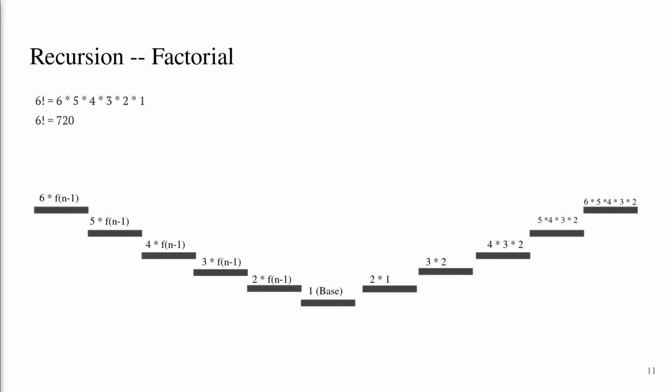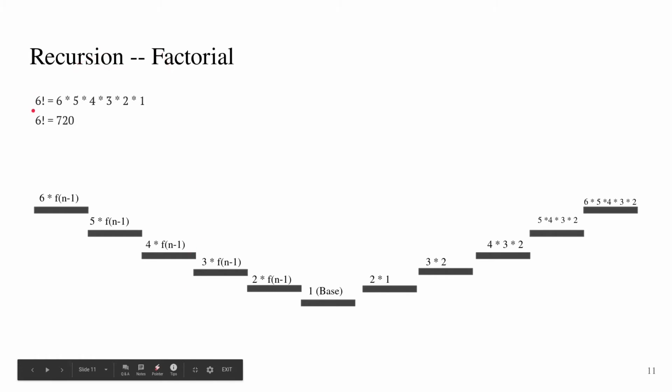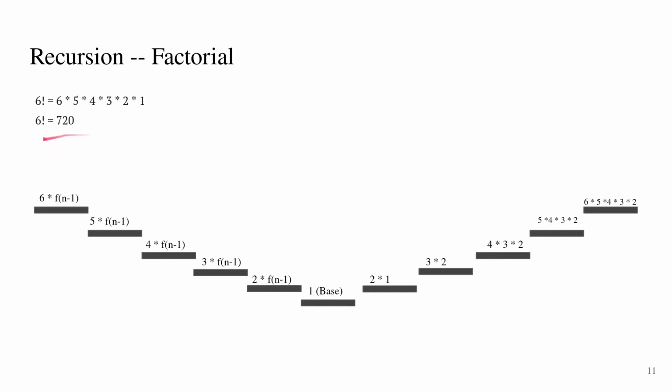So here is a way I want to show you what's going on when we're computing factorial in a recursive fashion. So let me get my pointer here. We all know that 6 factorial is 6 times 5 times 4 times 3 times 2 times 1, and it equals 720. So when we do this with factorial, we spawn a new method call until we hit our base case.